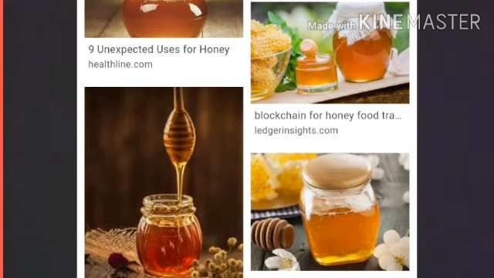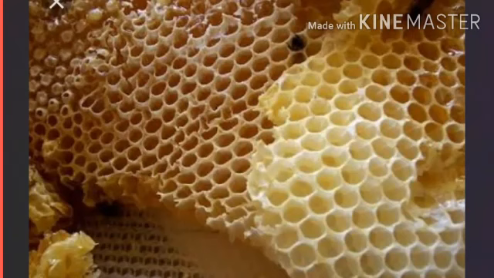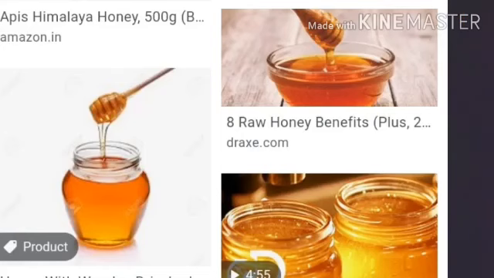Somebody may think that we are taking pure honey. Pure honey does not mean that it's a compound. Pure honey is what people generally collect directly from the honeycomb, without adding any other liquid like water or sugar solution or jaggery solution into it.